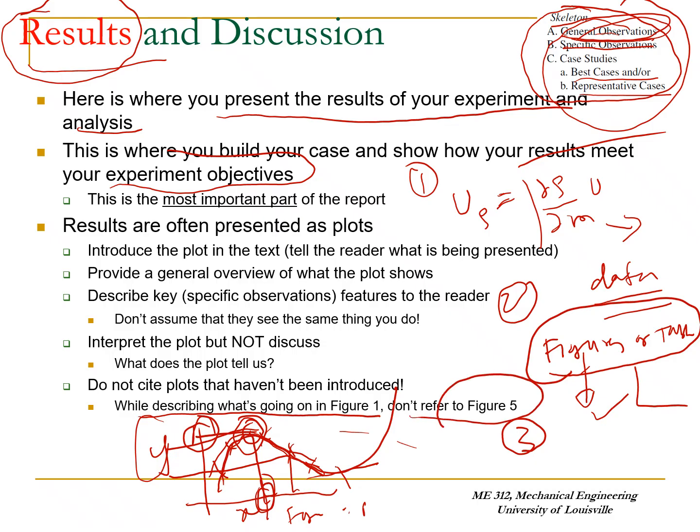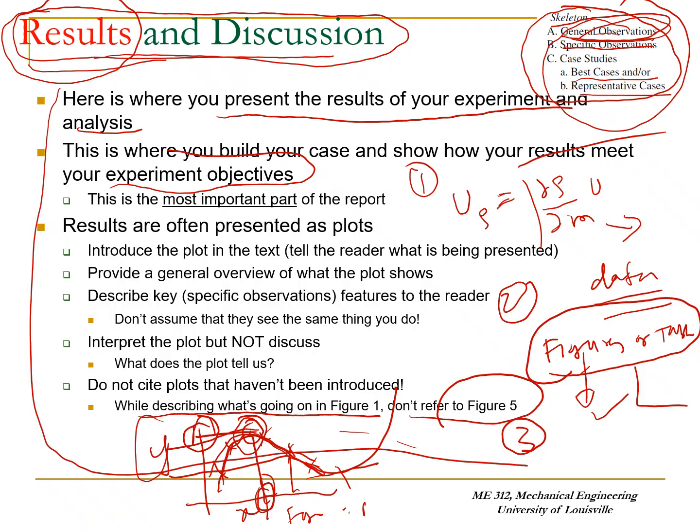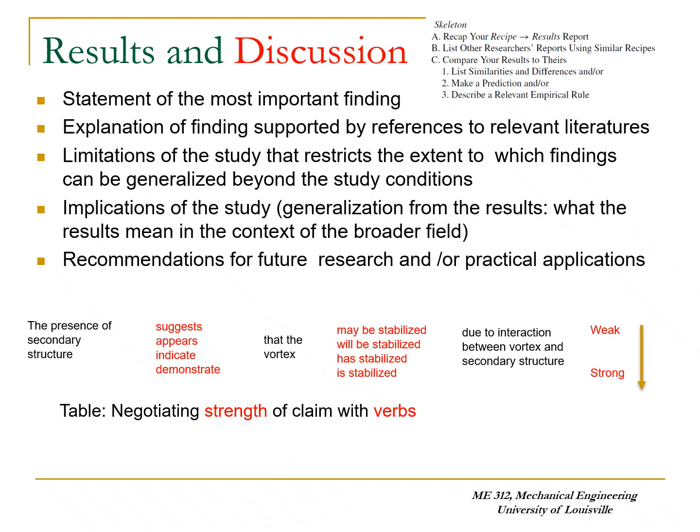So that's about the results part. And usually results and discussion are together. This is what you need to do, right, together. But here I'm only describing the results part. What about the discussion part? Now there are 2 possibilities.